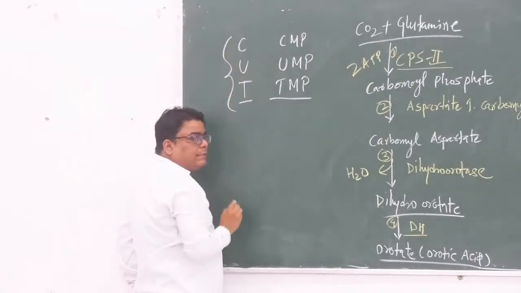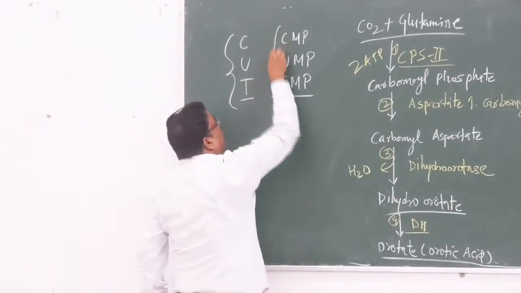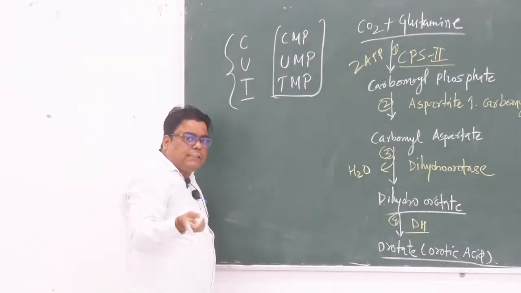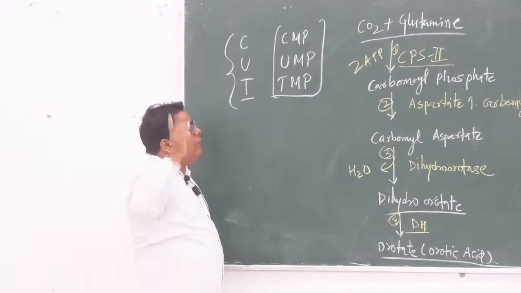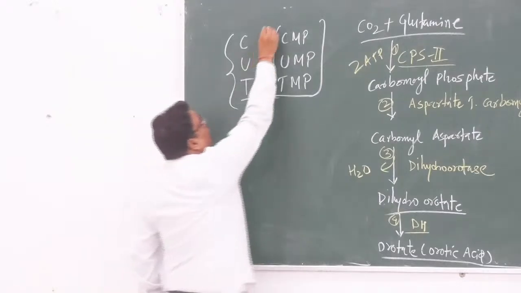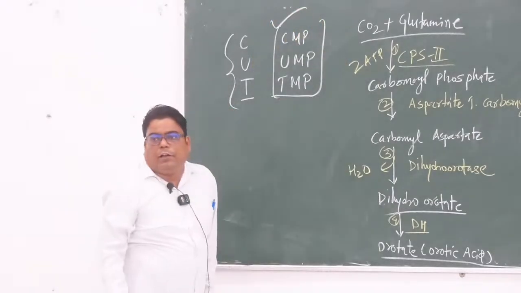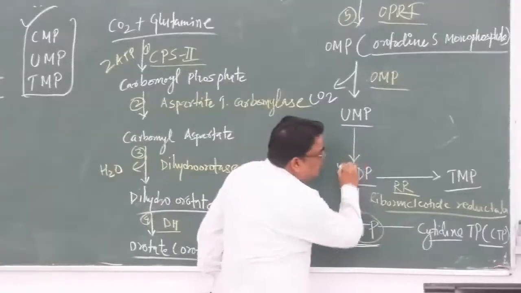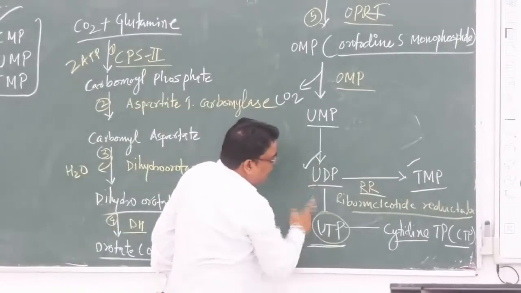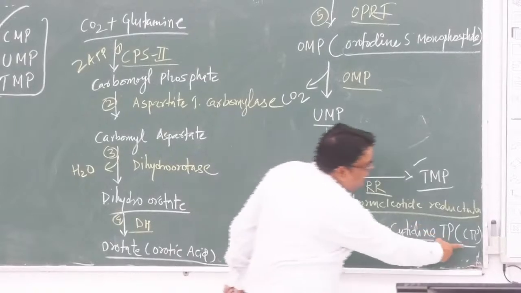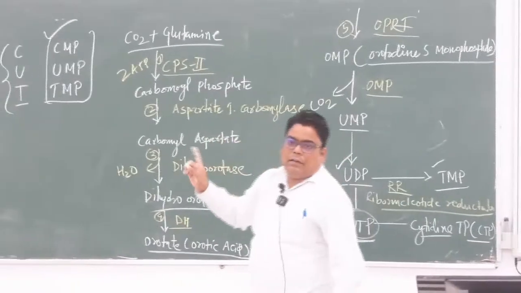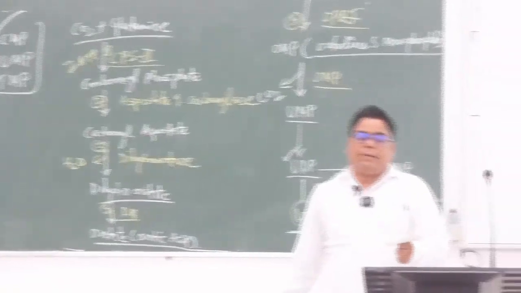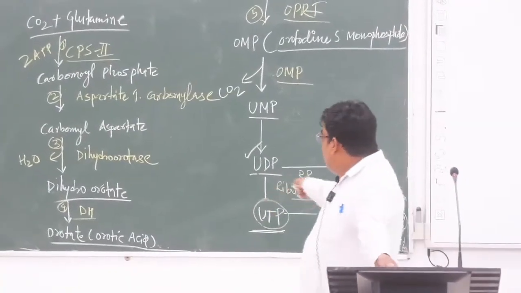These are the nitrogen bases. So in the synthesis part, what we are going to complete is the pyrimidine molecules, and lastly, what we get as the product is CTP. Understand?